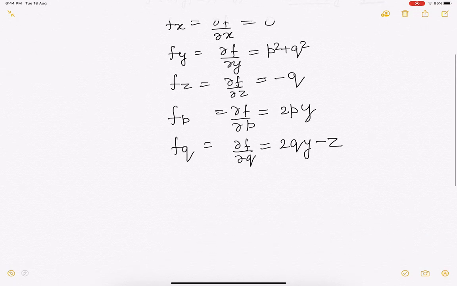Let us write the auxiliary equation. So, Charpit's auxiliary equation.